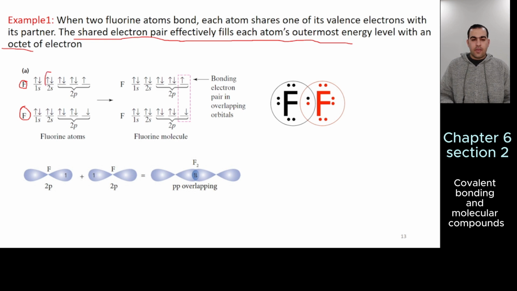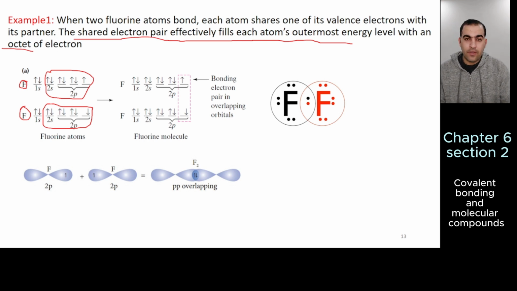Both have, sorry, 7 valence electrons before bonding. How are they going to be stable? By having 8 electrons. Now both have 7, and they get closer to each other.